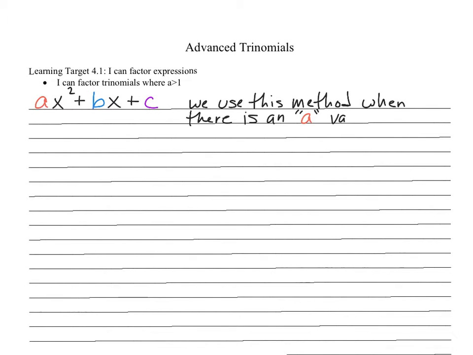Oh man, it's jumping and changing colors on me. And when there is an a value that what? That isn't a greatest common factor, isn't a GCF. Greatest common factor.